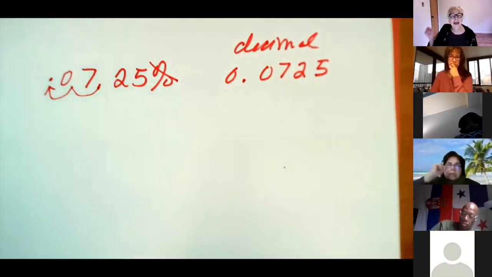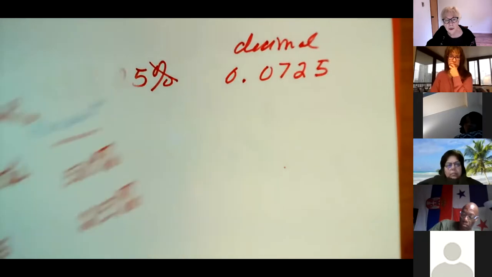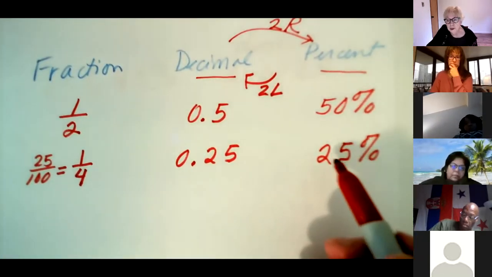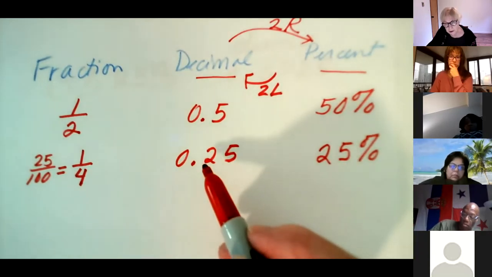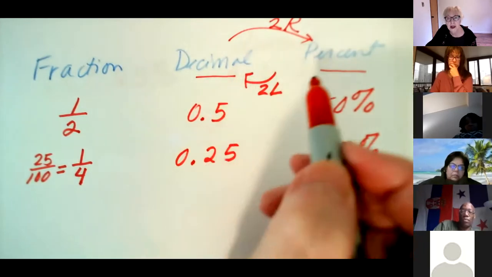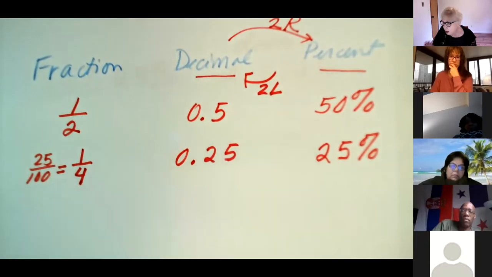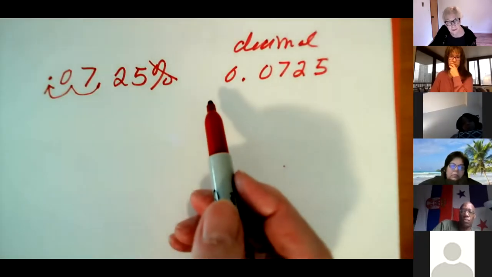And if you say, I can't remember if it's left or right, well, then you go back to a problem you know for a fact. When you had 25%, it turned out to be 0.25. So the instructions were to go to the left and go 2 decimal places. Once you know which way to go, you're all set.